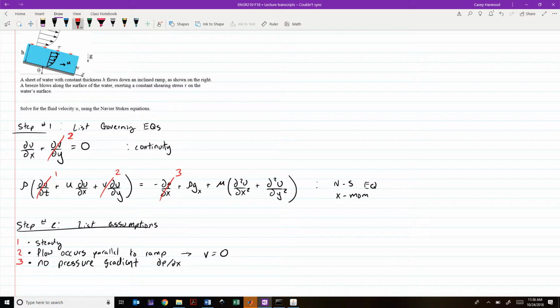That goes to 0. The continuity equation then simplifies to du dx equal to 0, which, remember, we said is what we call fully developed flow. We'll go ahead and assign that a star, because then we can use that to cancel out this term and to cancel out this term.